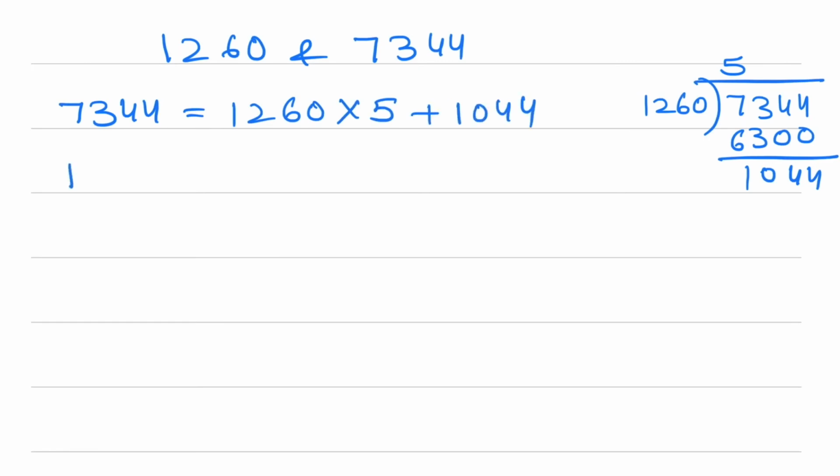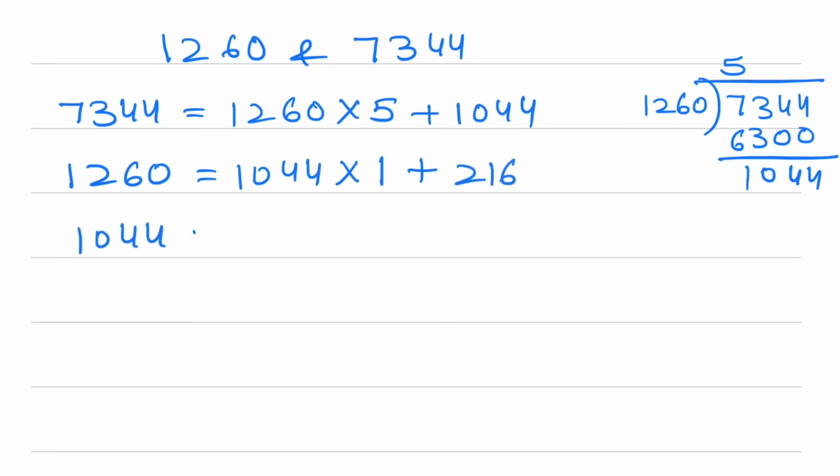Now we can write 1260 is equal to 1044 multiplied by 1 time, and we will get the remainder as 216. Now 1044 is equal to 216 times 4, so 864, and we will be having the remainder as 180.